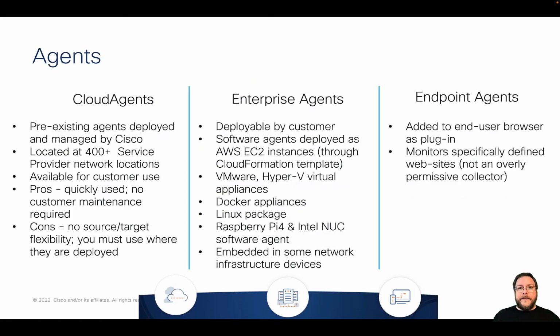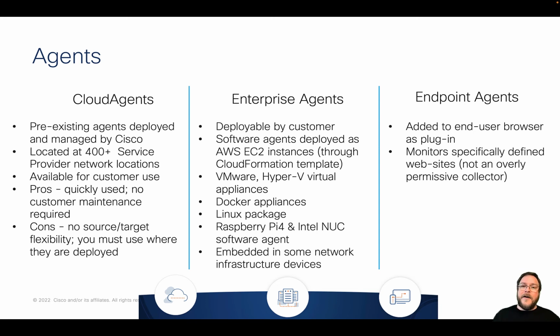Now, what are the agents? I've mentioned these a few times. So there are cloud agents that Cisco manages, and we've located these at over 400 service provider network locations. You don't have to manage these. Cisco is responsible for the deployment, the licensing, the maintenance of them, and software updates, but you have them available for your own use. The pros of these are that they're quickly used and you don't have to do the maintenance of them.